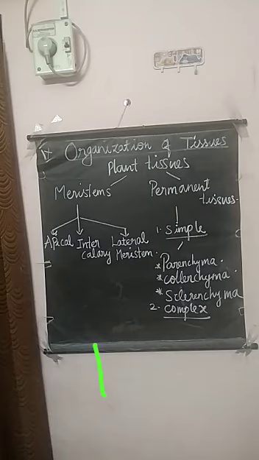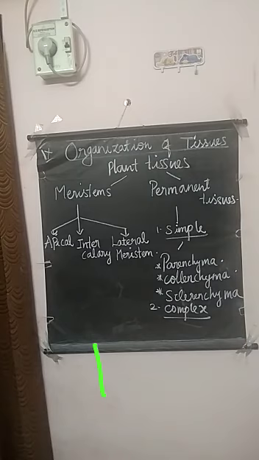Simple tissues are classified into three: parenchyma, collenchyma and sclerenchyma. In complex tissues, xylem and phloem come under complex tissues. So this is the overall chart, the concept map for plant tissues. Plant tissues are classified into meristems and permanent tissues.